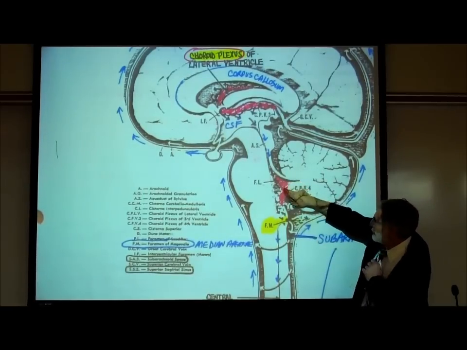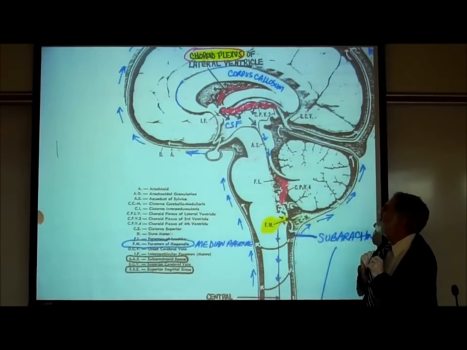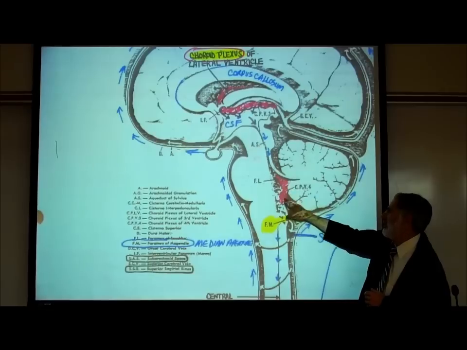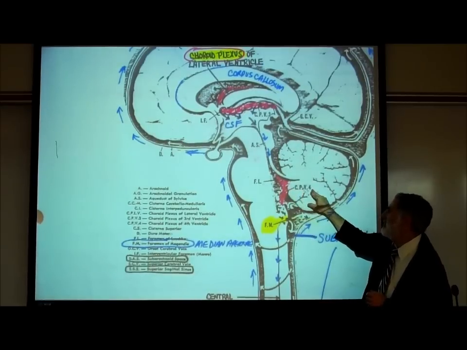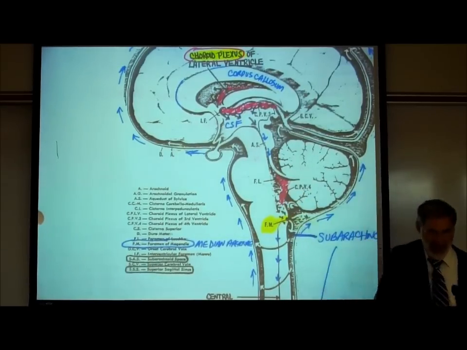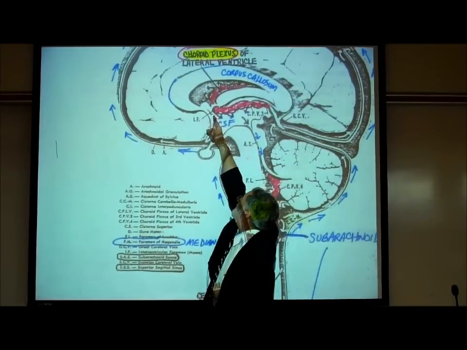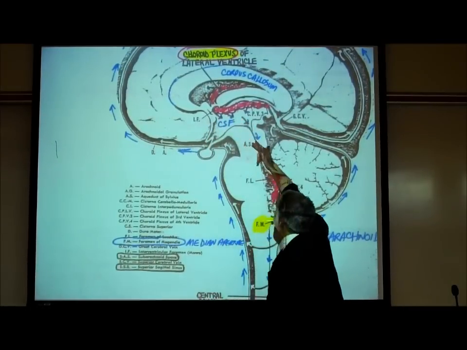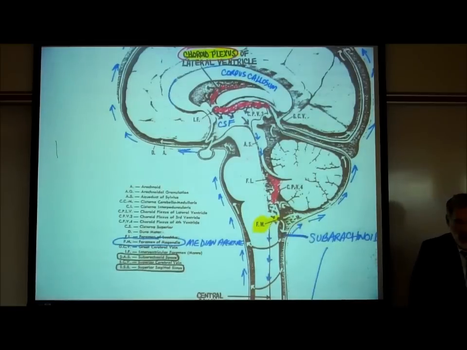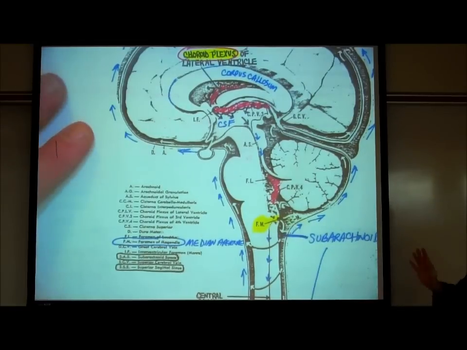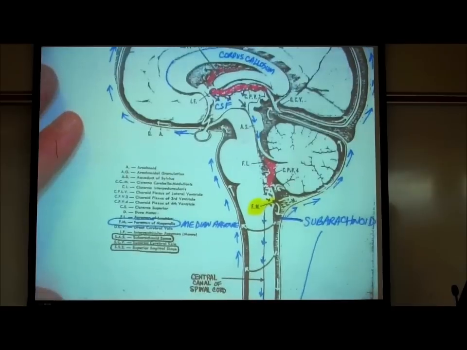And in ventricle number 4, there is another vascularized membrane that I've colored in red called the CPV4, the choroid plexus of ventricle number 4. So we can see there's a choroid plexus of the lateral ventricle, a choroid plexus of ventricle number 3, a choroid plexus of ventricle number 4. Again, I don't care that you know all those names.